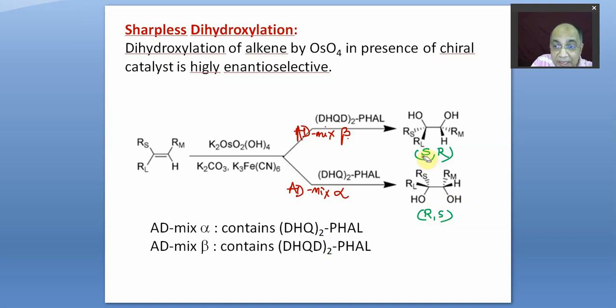Now, this is SR. If you are using another chiral catalyst, that is called AD-mix beta, you are using its enantiomer, 100%, nearly 100%, say 99.5% of this and 0.5% of this one. And AD-mix alpha will produce 99.5% of this and 0.5% of this one. I have not written the 0.5% of the other.